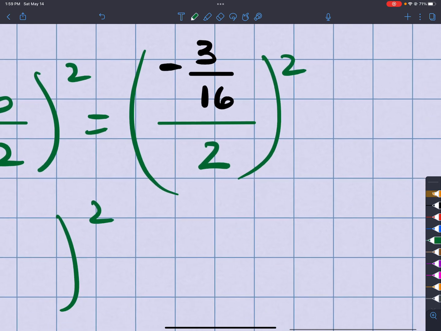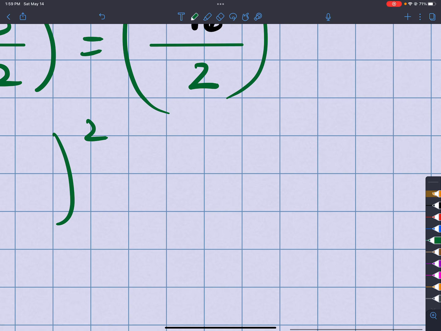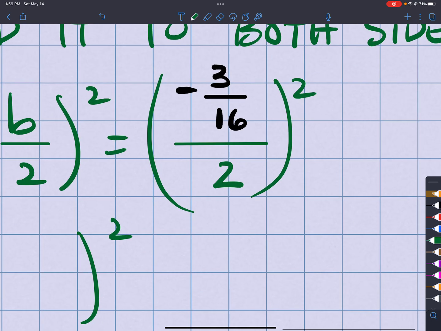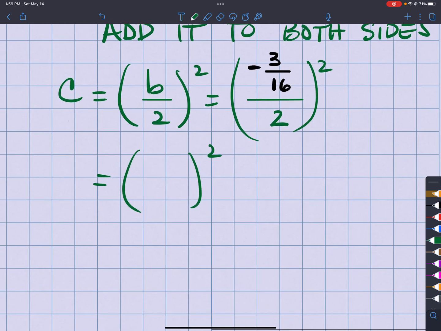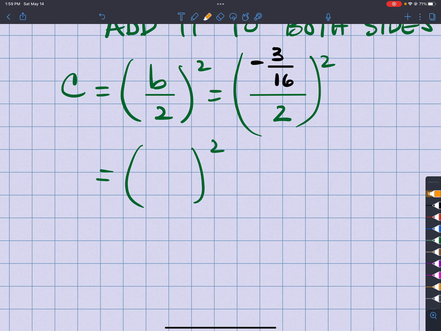The bottom is a fraction as 2 over 1, so we keep change flip, that 2 over 1 would become 1/2, which would be in the denominator with a 16, so it'd be 16 times 2. These two are going to end up multiplying by each other. So you're actually going to have negative 3 over 32.